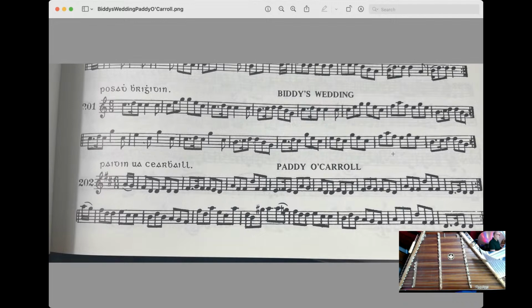So if I would play the C chord, sorry. And that actually is a C chord.